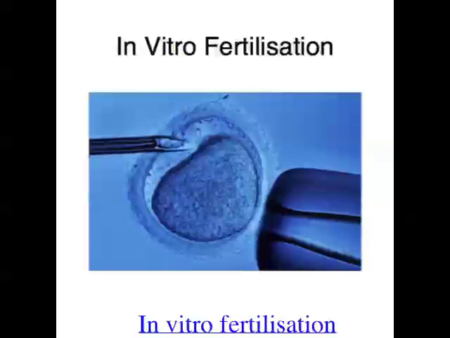In vitro basically means in glass. IVF basically involves getting a sperm from a man and an egg from a woman and putting them together, or fertilising them, in the lab or in glassware. The success rates of IVF aren't very high, but it's really good for couples who are having trouble reproducing.